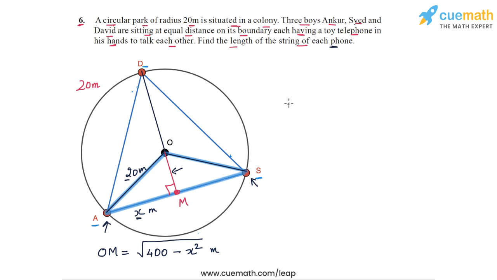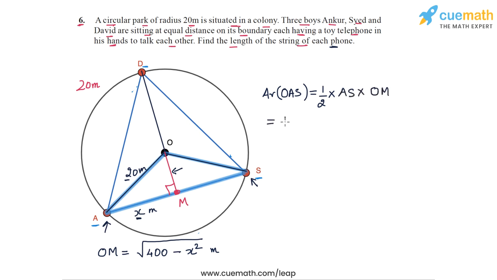Now we can write the area of triangle OAS, because we have an expression for AS as well as OM. So area of triangle OAS will be half into the base AS into the height OM.